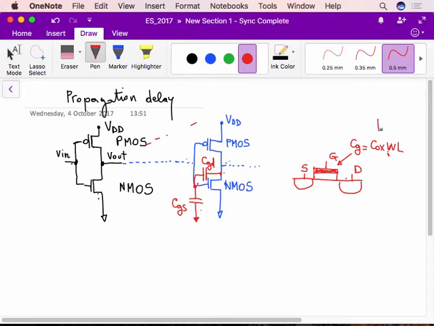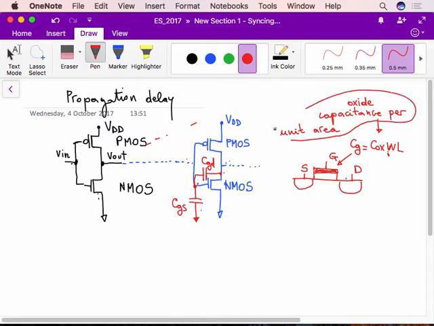So this is the oxide capacitance per unit area times the area of the gate, which gives us the capacitance between the gate and the channel.